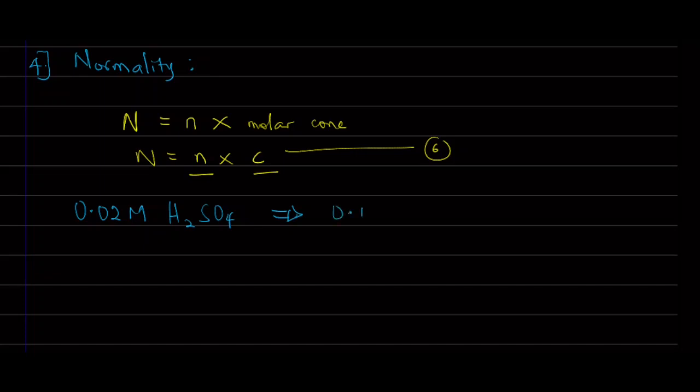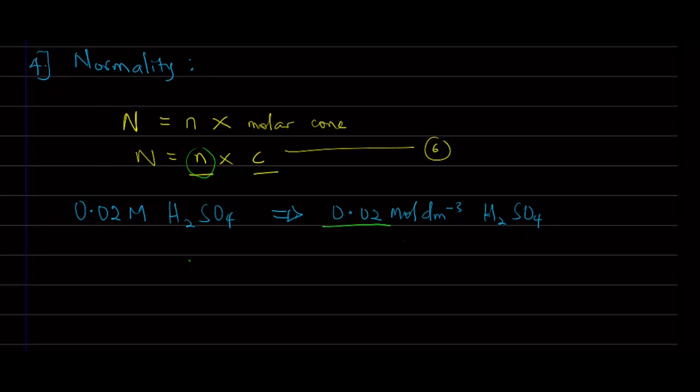That means I can simply write it as 0.02 mole per Dm³ of H2SO4. Here, the molar concentration is 0.02. Now, how are we going to get the normality? We only need to know the number of replaceable hydrogen ions. Since we are dealing with an acid here, we have 2 replaceable hydrogen ions.